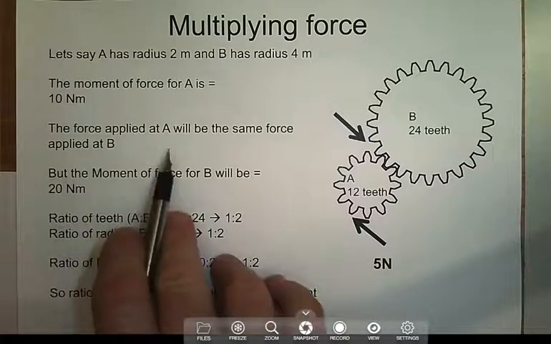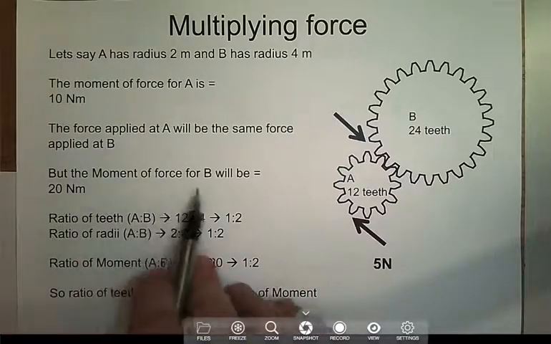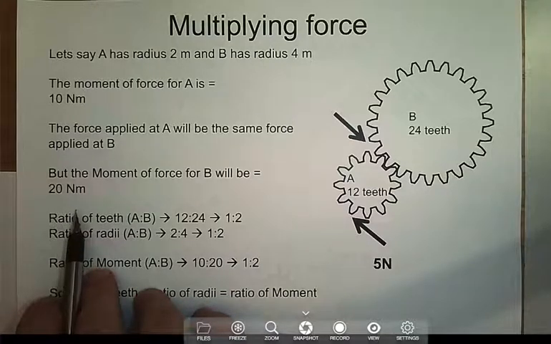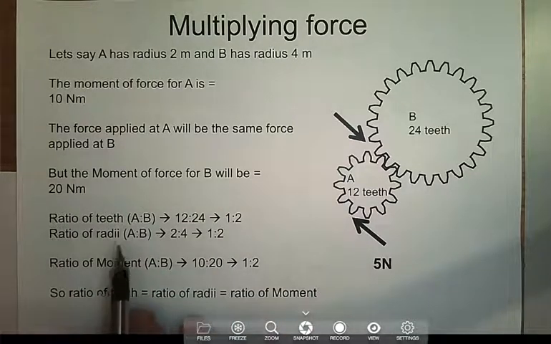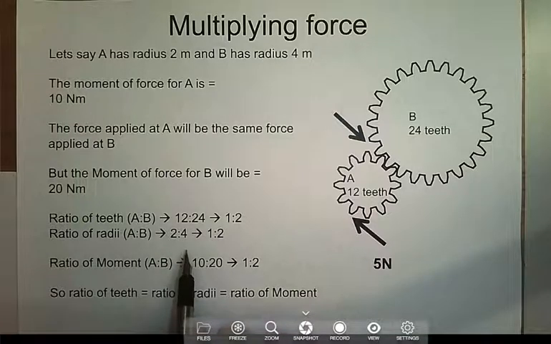The force applied at A will be the same force applied at B, but the moment of force B will be 20 newtons because it's double. The ratio of teeth of A to B is 12 to 24 or 1 to 2. So as a result, it will be doubled.